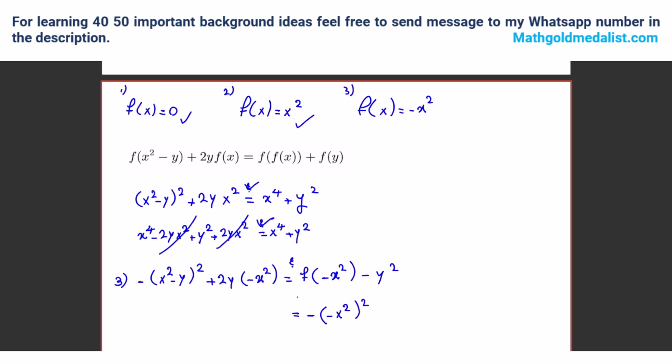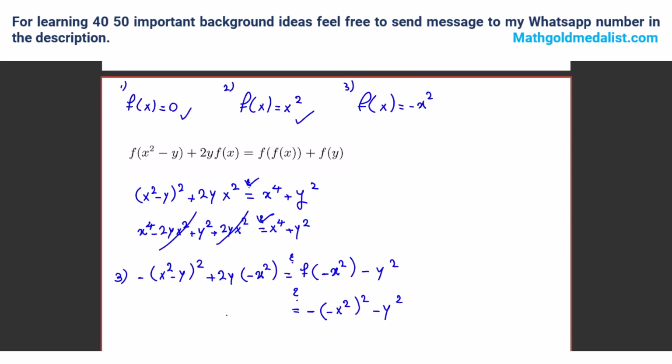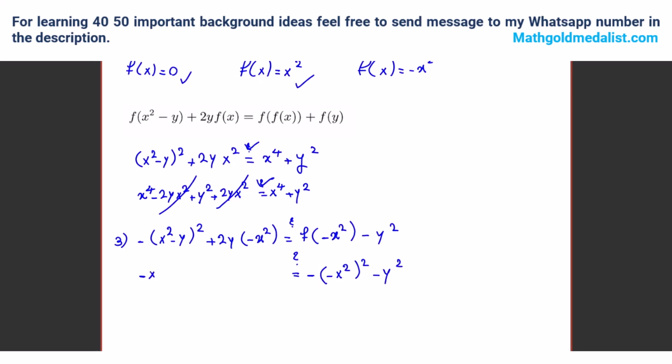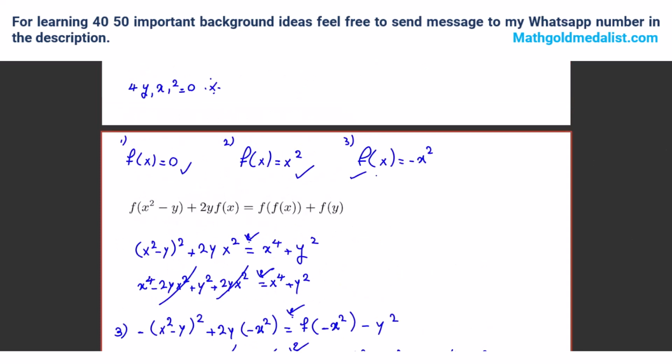We want to see are they equal or not. Minus y squared. This one would be what? Minus x to the 4 minus y squared plus 2yx squared minus 2yx squared. So we can cancel these two terms. Here it would be what? Negative x to the 4 minus y squared. They are equal.